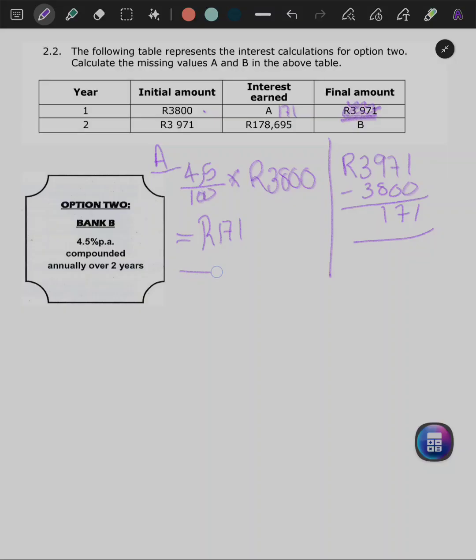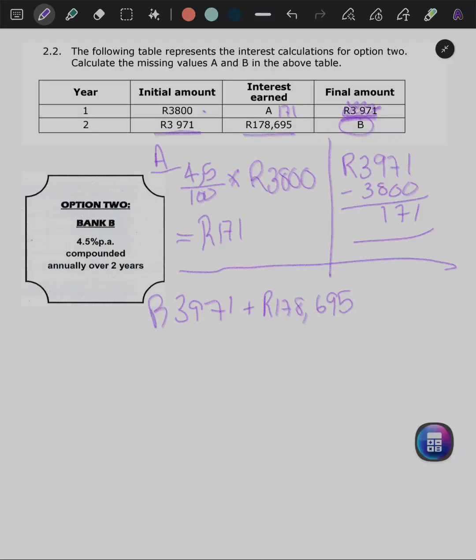Then we need to find B, and this is seeing, do you know how to find a final amount? Because B is the final amount of year 2. So at the start of year 2, we start out with 3,971. They tell us the interest, so we're going to add the interest because it's an investment: 178.695.